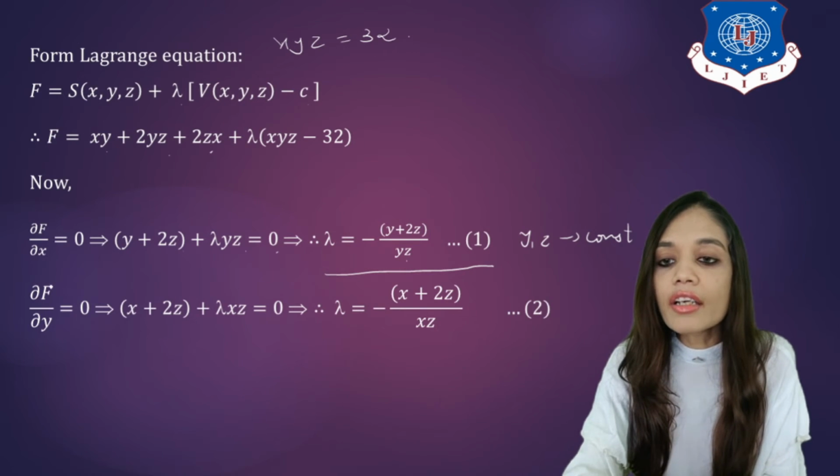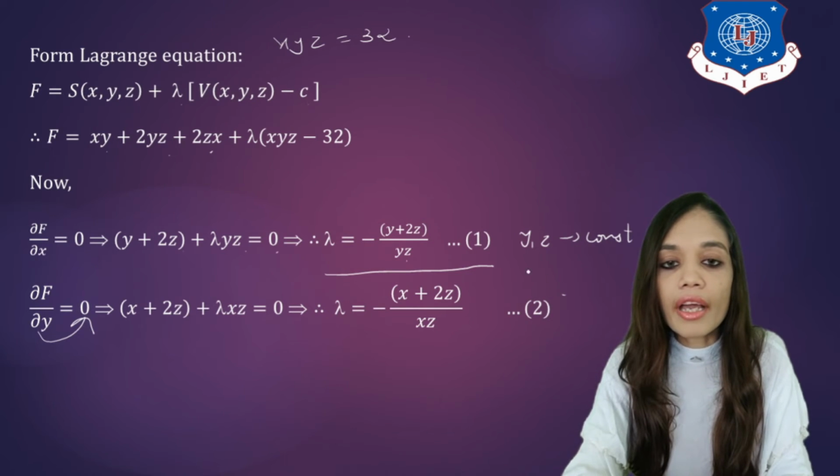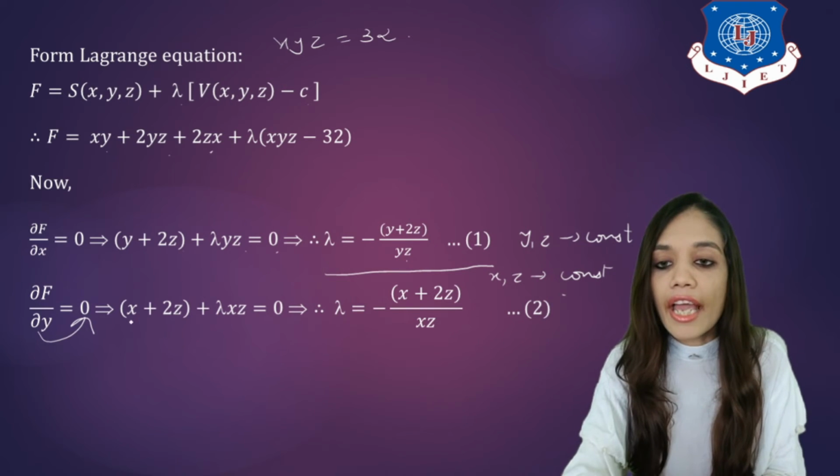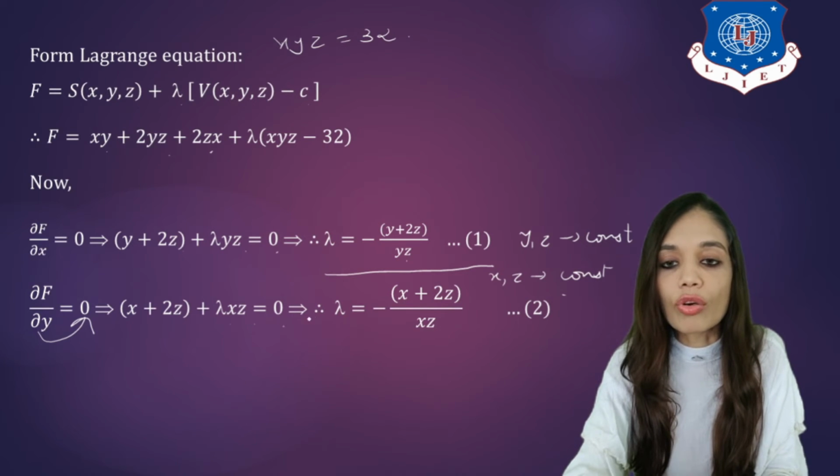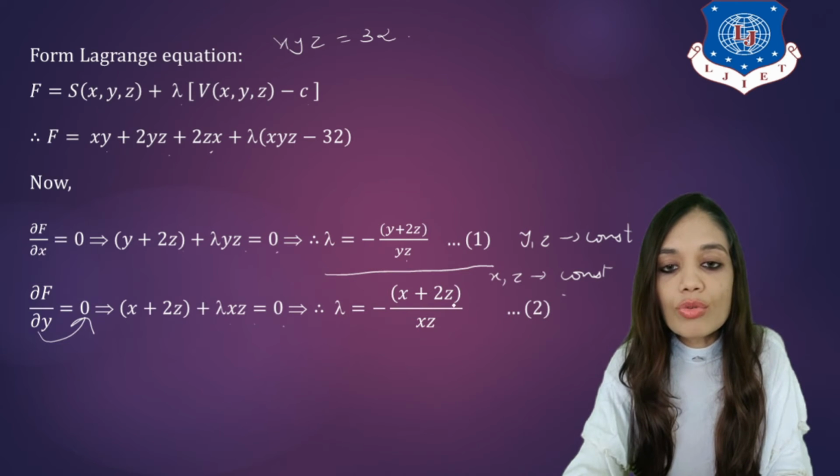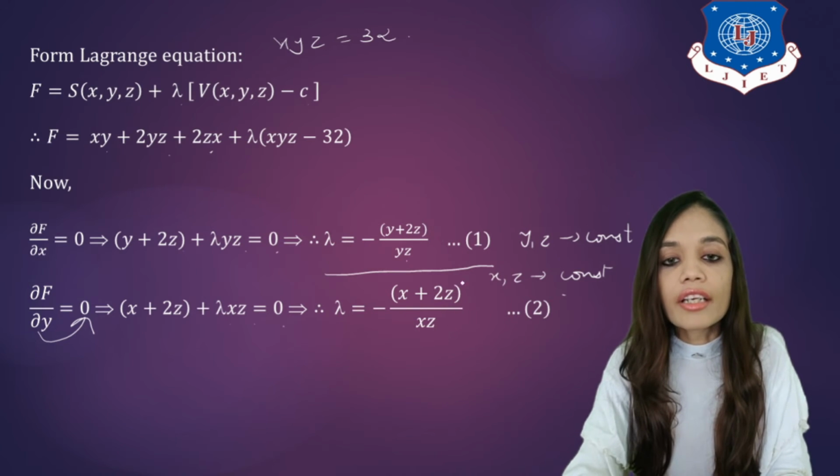Now we will find del F by del y and equate it to 0. In order to find this, we will keep x and z as constant. So keeping these constant, we will get x plus 2z plus lambda times xz is equal to 0. Therefore lambda is equal to minus (x plus 2z) upon xz. Name this as equation 2.